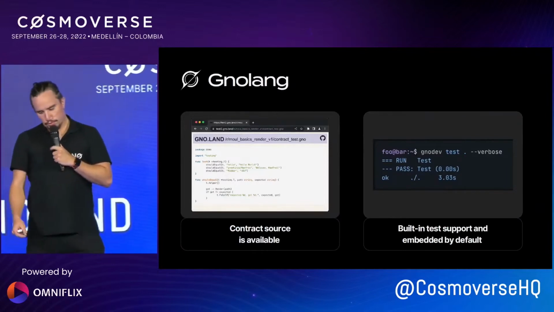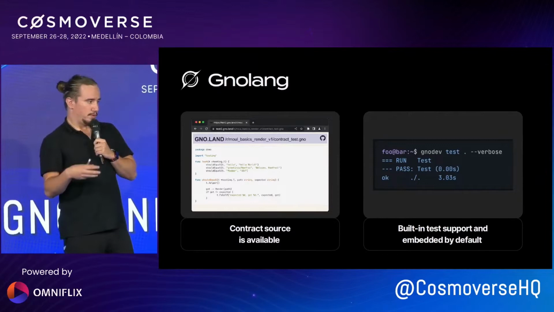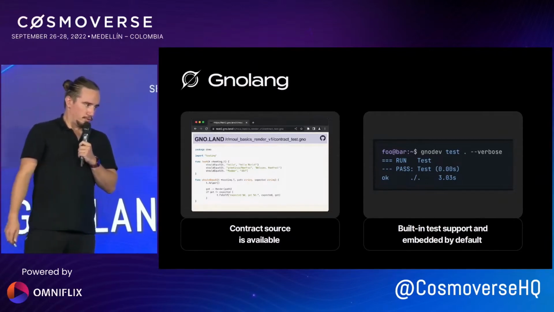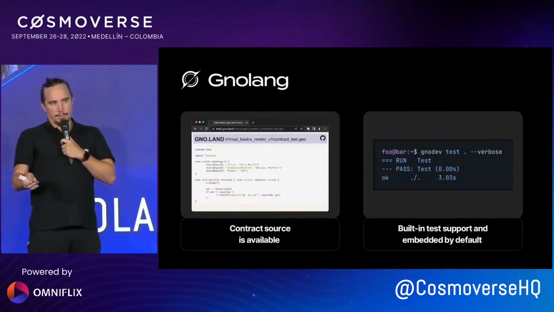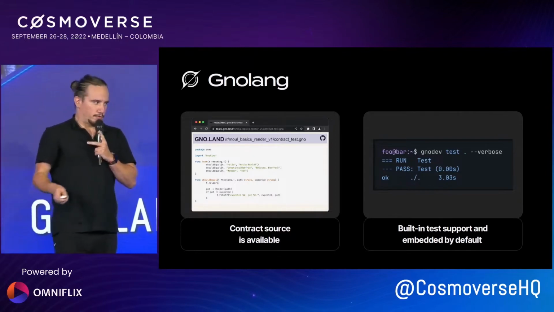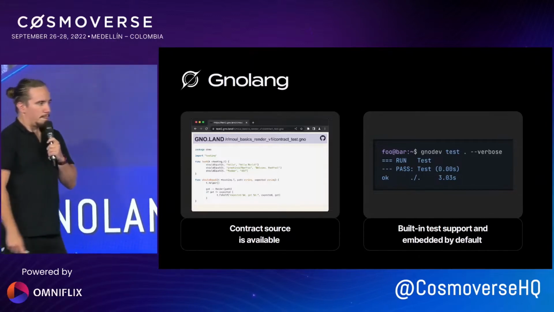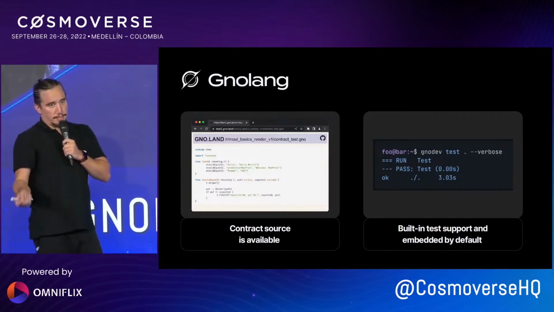So yes, the contract sources are always available. That is enforced thanks to the interpreted approach. So it's not possible to run a code that you can't read. You run a code, you are able to read what is happening. You can investigate, etc. We upload also the unit tests.